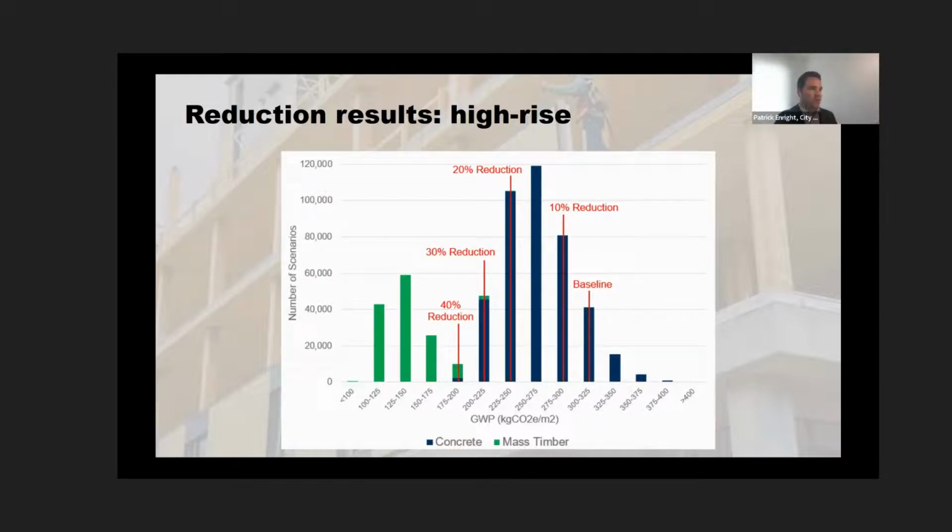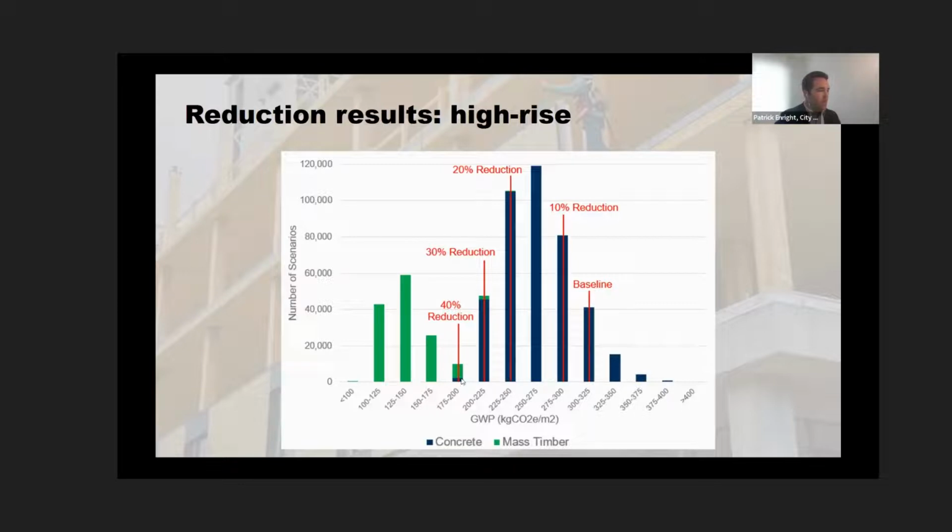Just for the sake of time, I'm going to focus on the high-rise results. Those showed a range of reductions and a range of different outcomes, and mapped here are the percentage reductions from an approximate baseline that we defined as part of the study.